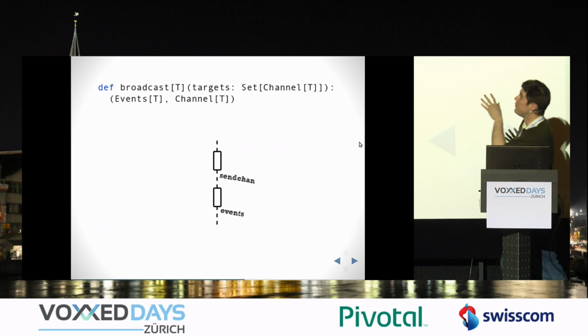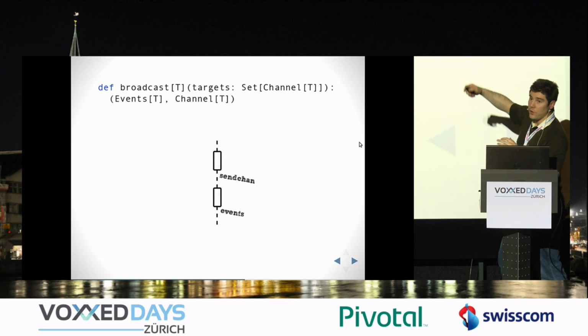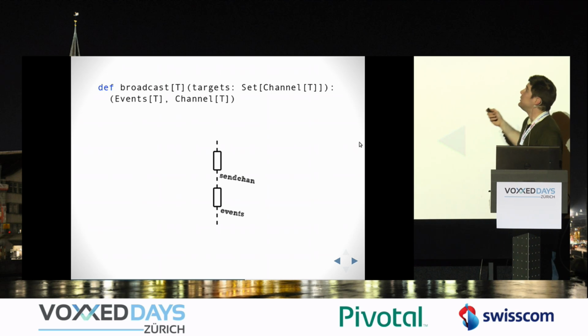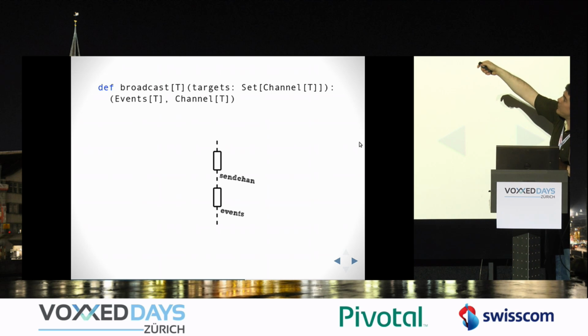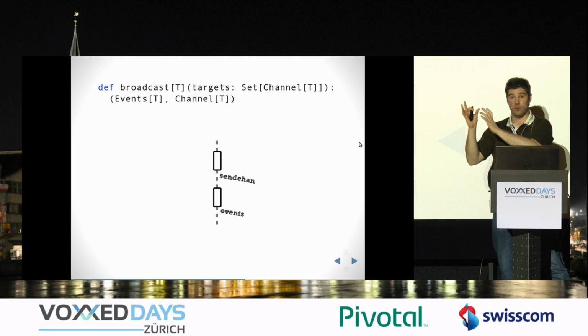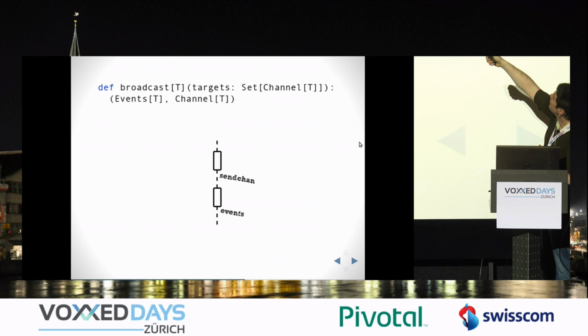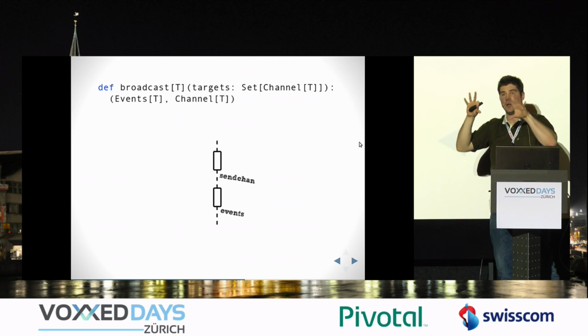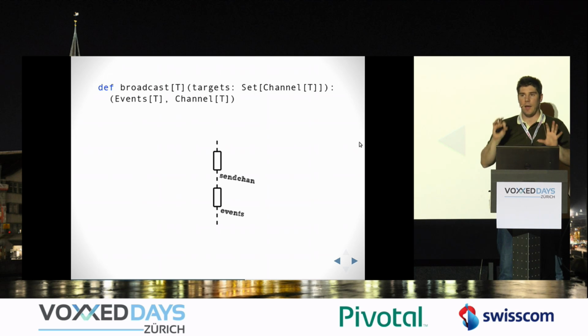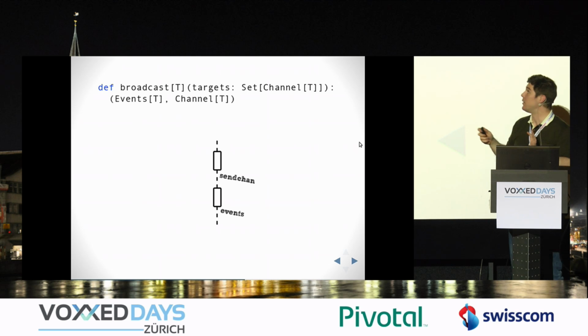So how would we do that in this model? So first of all, for the broadcast, we need to define some sort of an interface. So we'll define a method which says for any given type T that you want to send to other people, give me a set of channels for that type. This means that every participant in a broadcast will have to open its own channel, they will have to share them, and then they can send stuff to each other.